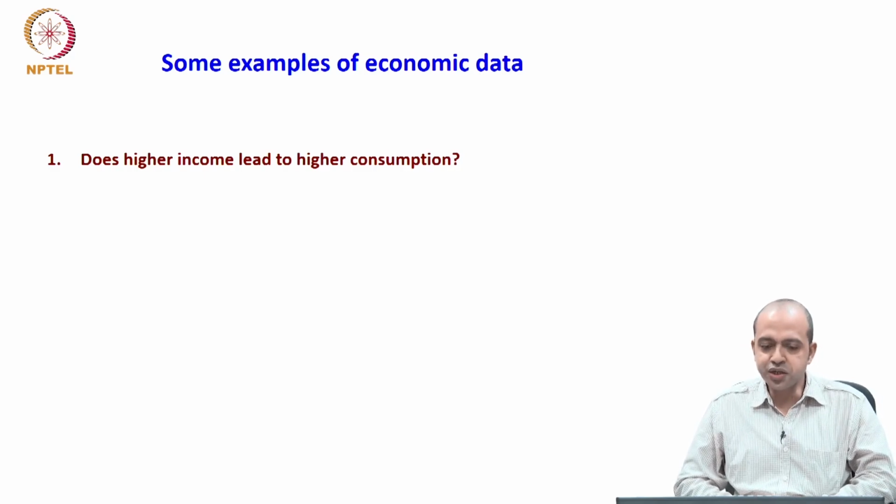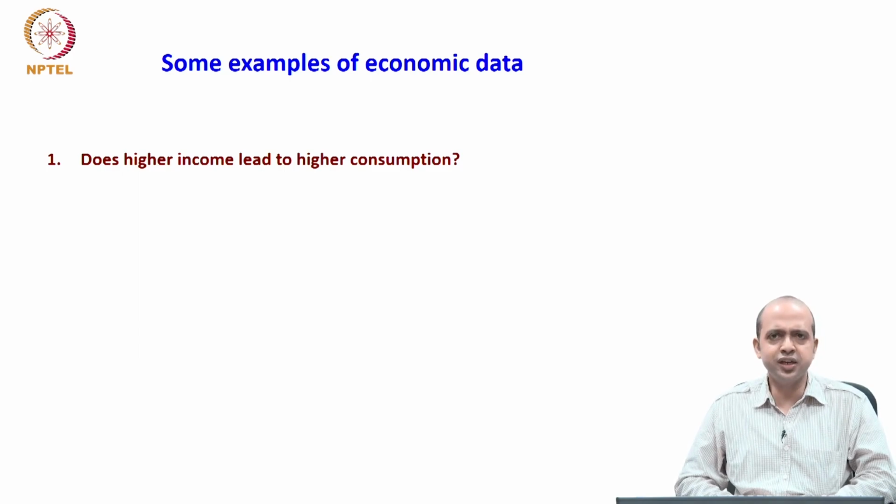And then an econometrician will use the income and consumption data, and will use statistical and mathematical tools to analyze that data and check empirically whether increased income actually leads to an increased amount of consumption or not. And if it does increase the consumption, by what amount.